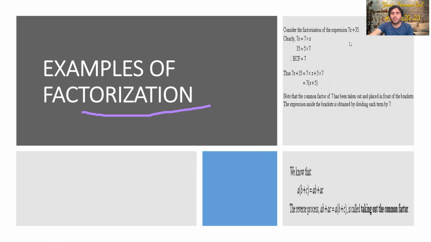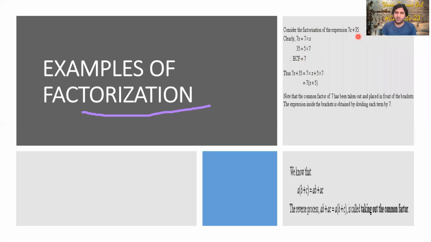Now we have examples for factorization. This example here is 7x + 35. Since we are looking for the common factor, we're going to find the HCF of 7 and 35. We do know that HCF stands for highest common factor.